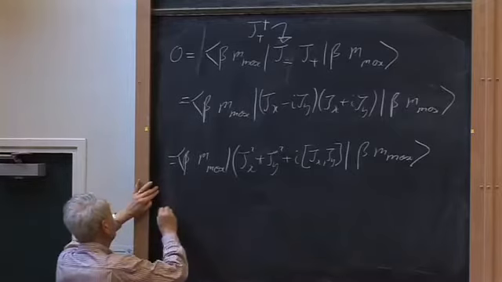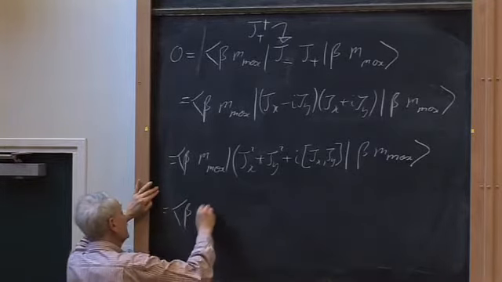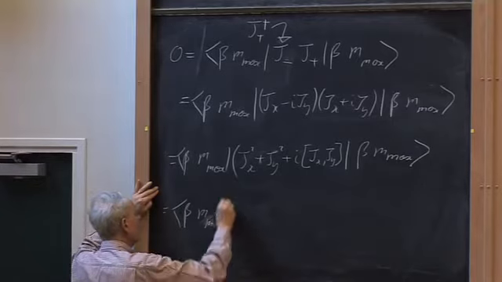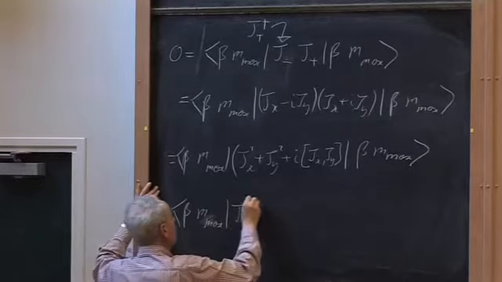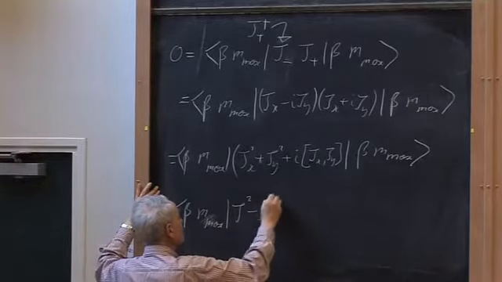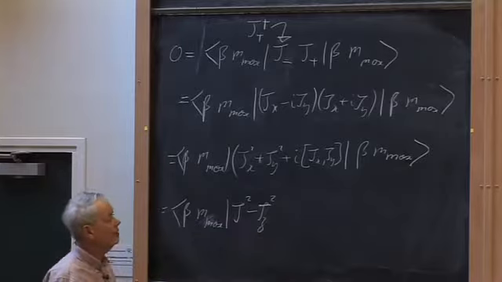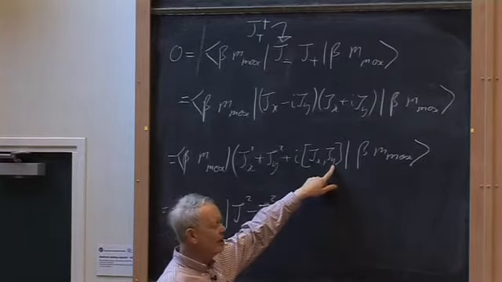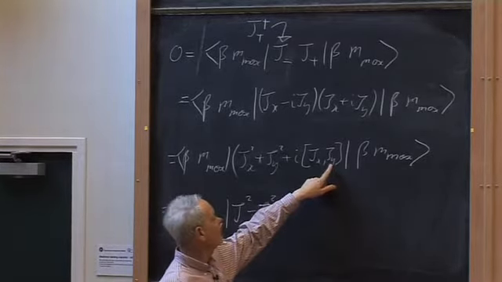So we write this as beta m max j squared minus jz squared, right? So we add a jz squared and take it away again. And this, of course, is i jz. So along with that i, we get minus jz, beta m max.